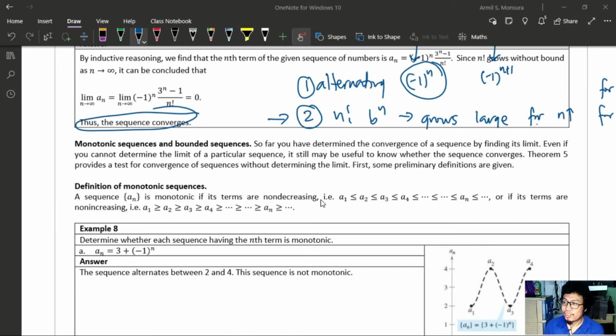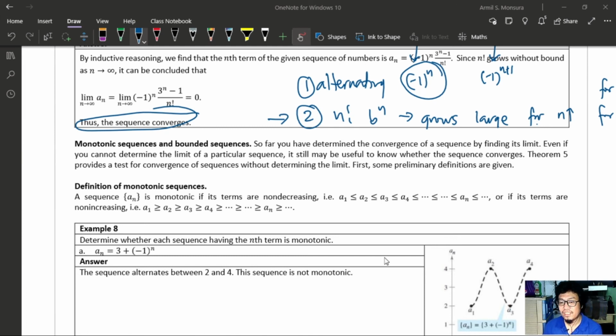So either your terms are increasing or decreasing, but not both. So that's a monotonic sequence.